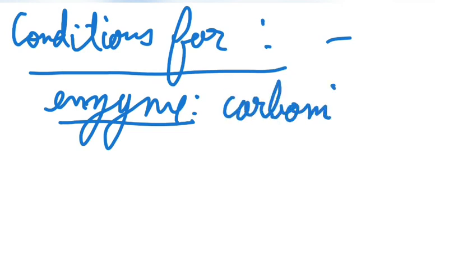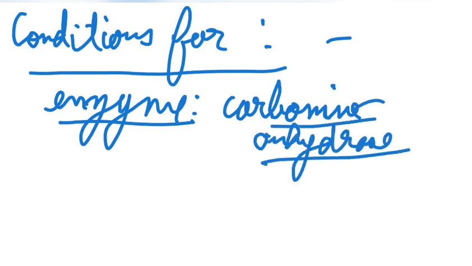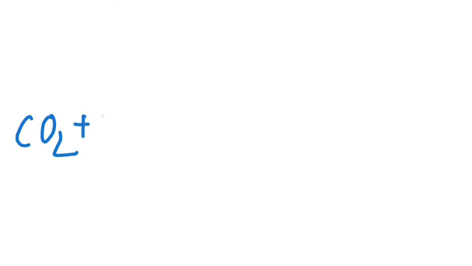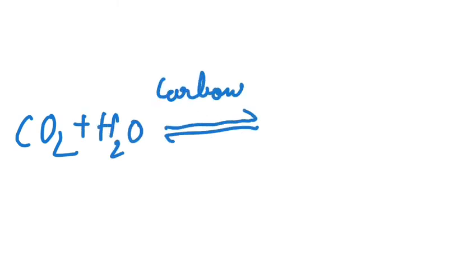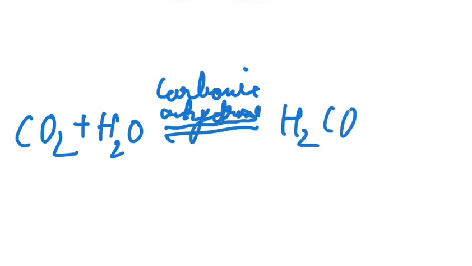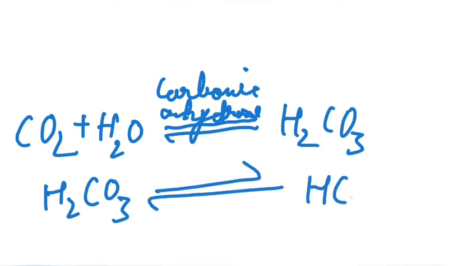It is also present in plasma in minute quantities. With the help of this carbonic anhydrase, a reversible reaction takes place in which CO2 and water react to form H2CO3. H2CO3 further dissociates to give us bicarbonate, HCO3 negative, and hydrogen ion, H positive.